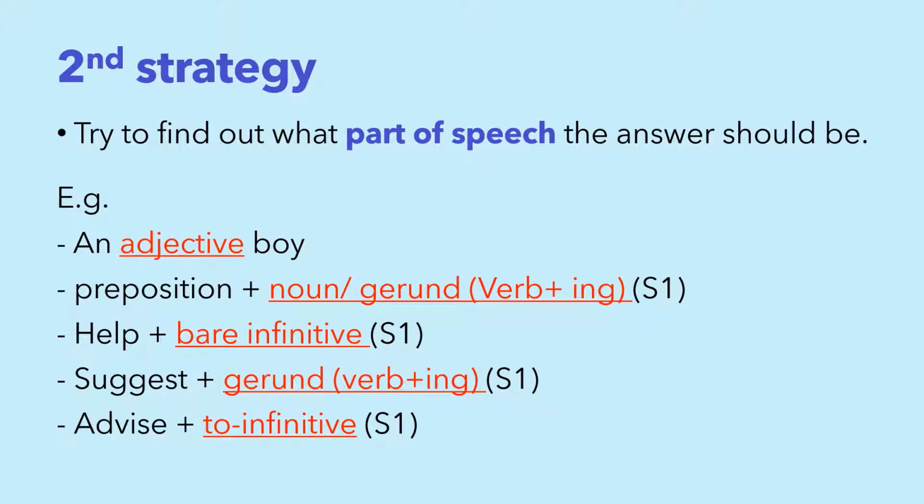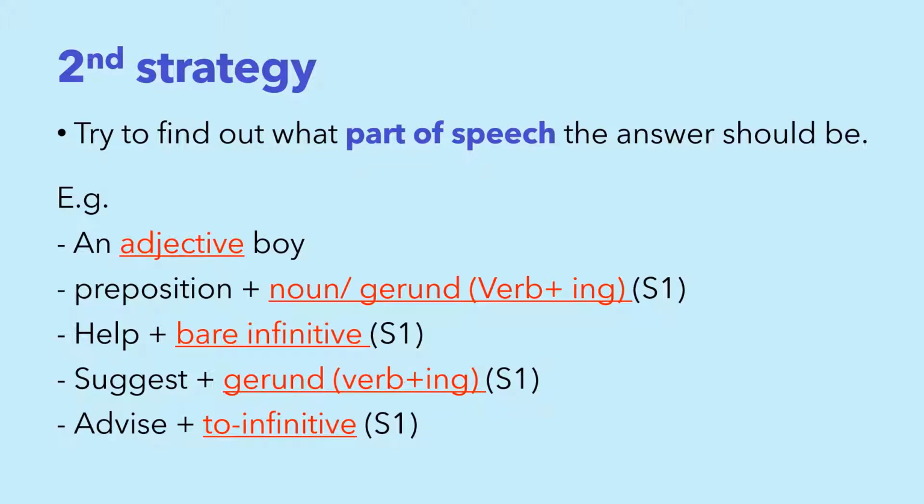Okay, the second strategy is to find out what part of speech the answer should be, and here are some of the formulas. If you've got a or the plus the noun boy, then if you put a word in between the article and the noun, it's an adjective: an ugly boy, a funny boy.